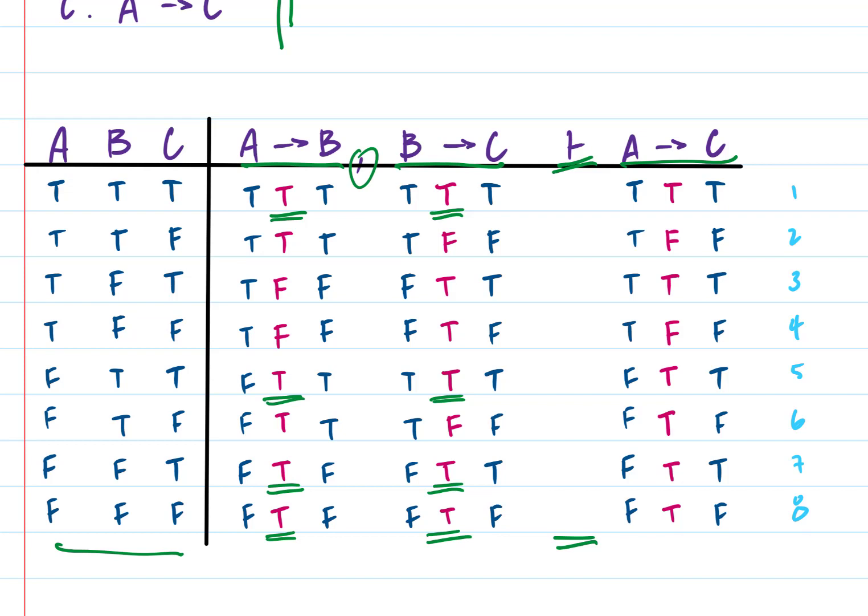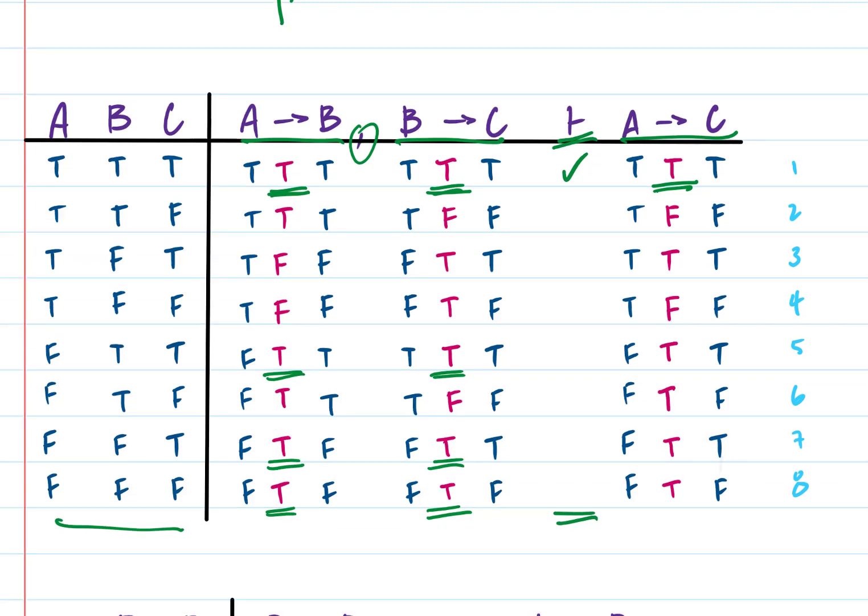Okay, so for an argument to be valid, as we've said, it has to be the case that if the premises are true, then the conclusion has to be true. We can check that. On line 1, both premises are true. Is the conclusion true? Yes. So that's a good line. It's getting us on our way to this being a valid argument.